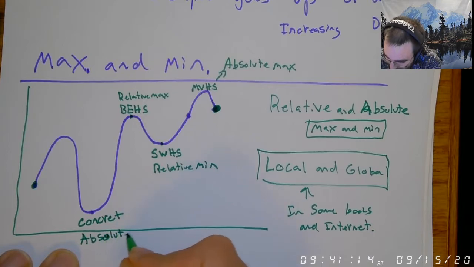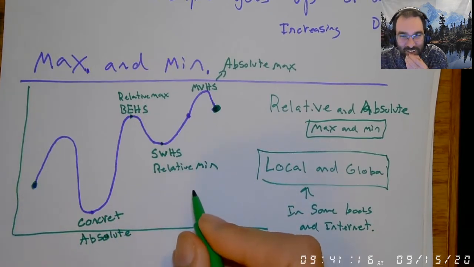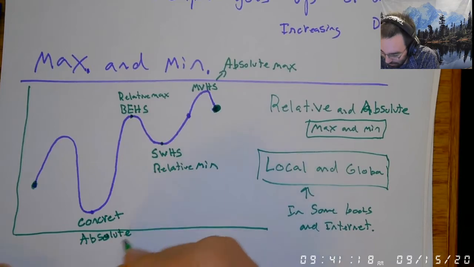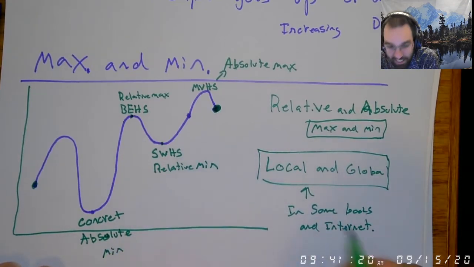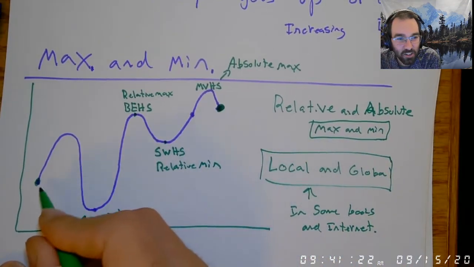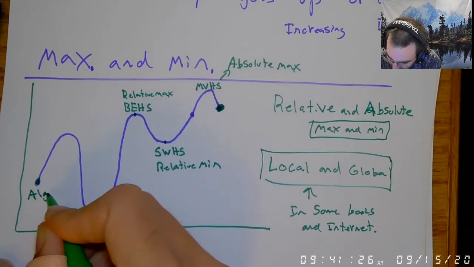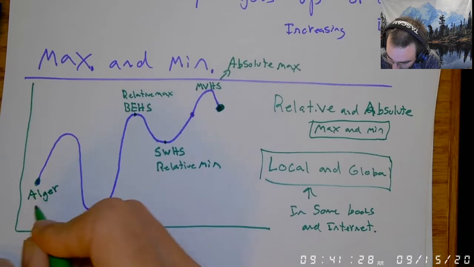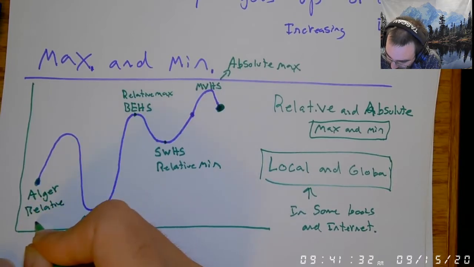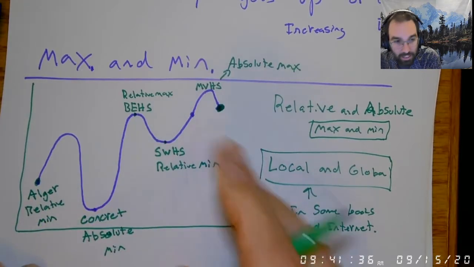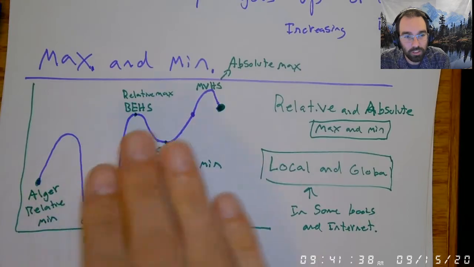Do I have anyone here from Concrete? Absolute minimum, okay. And then, you know, you might have another relative here. You might have Alger, which is a relative minimum. Right? Now, I say relative minimum because we're looking at this whole picture.